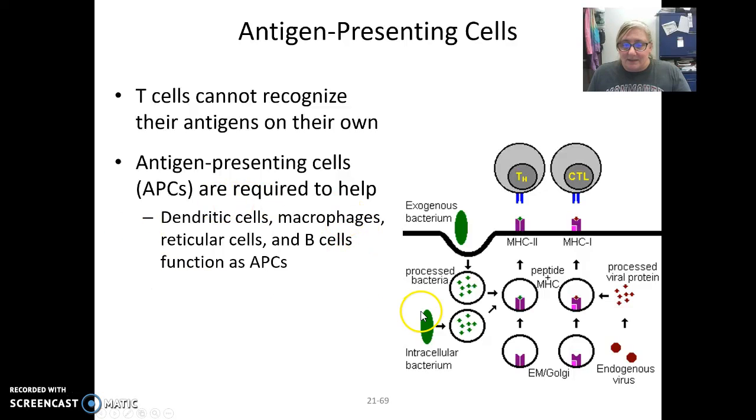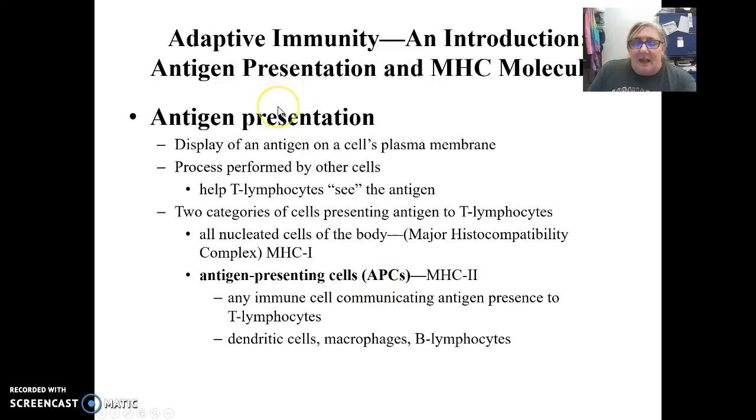that are antigen-presenting cells. And antigen-presenting cells will phagocytize material, and then they will present the pathogen on the surface of their cell with the MHC class 2 molecule. So different T lymphocytes can respond to different antigen-presenting cells.